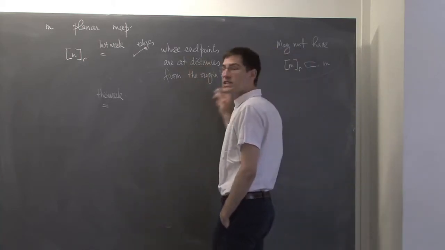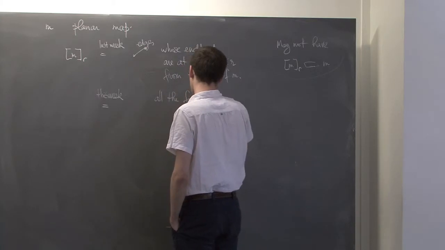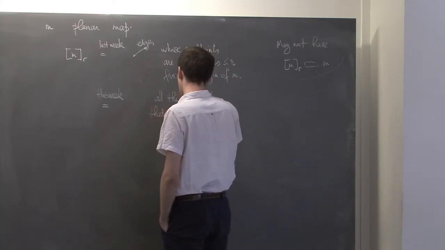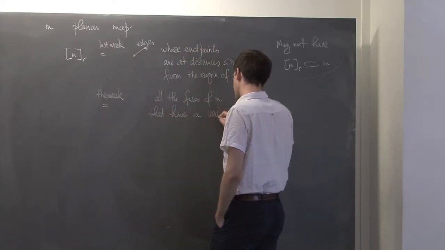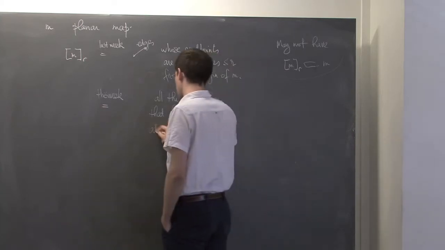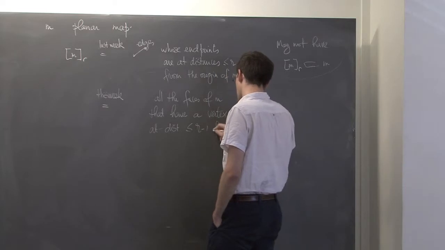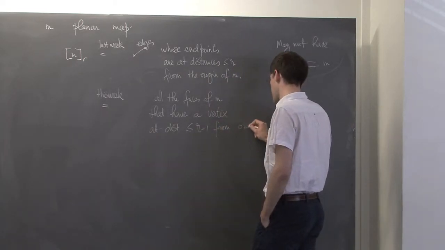Instead of taking edges, we'll take all the faces of M that have a vertex at distance less than R minus 1 from the root edge, from the origin.